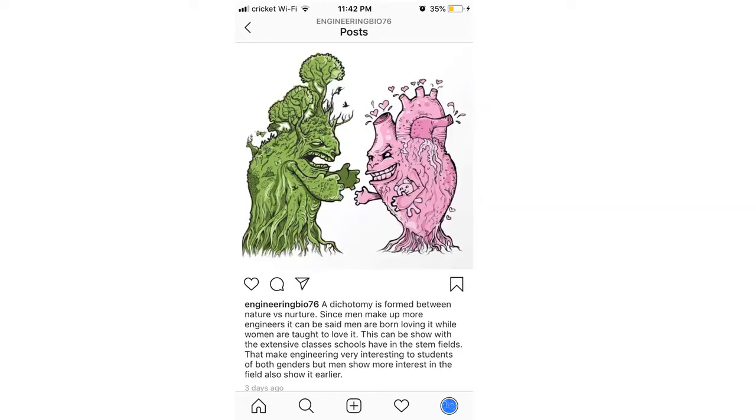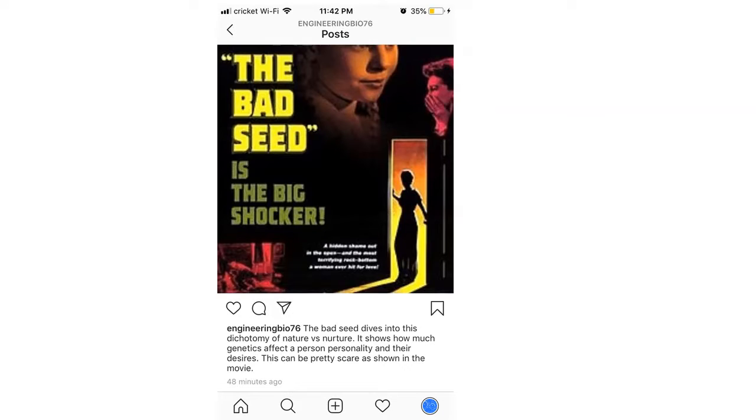As for your false dichotomies papers, they are required to analyze and center around a particular text, like a movie or something like that.